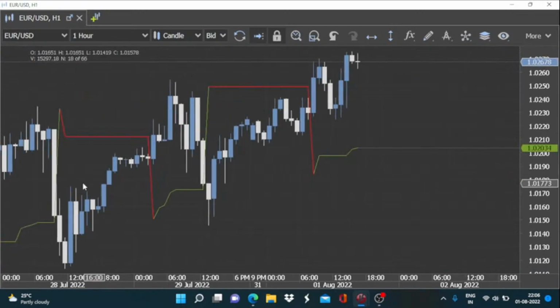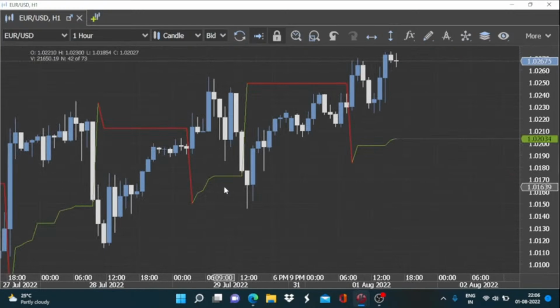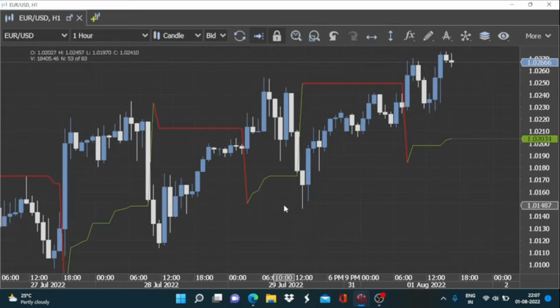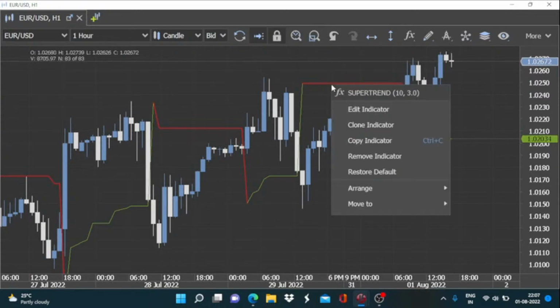So this is the indicator you can customize for both scenarios, but it is not going to work in a standalone manner. You will have to figure out such a combination which will then give you a good result. So let us see what more can be done.